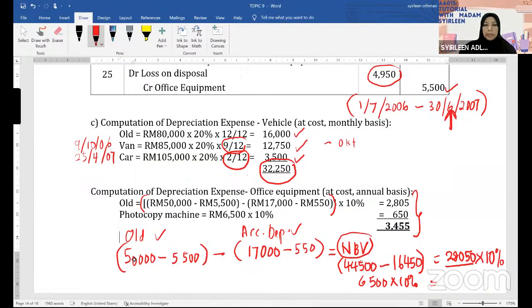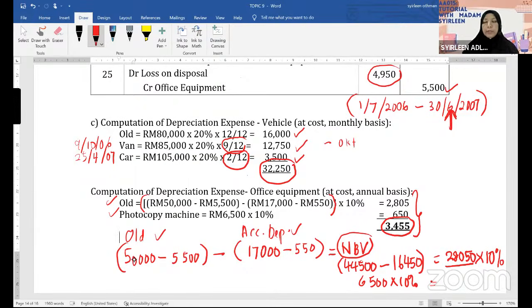So this is how I get the calculations for the old office equipment. And this is for the new one that was bought earlier, which is a photocopy machine. So untuk depreciation expense for the office equipment is 3,455.